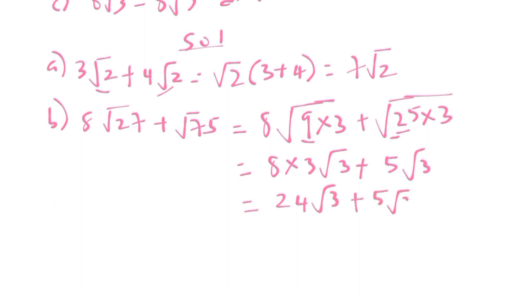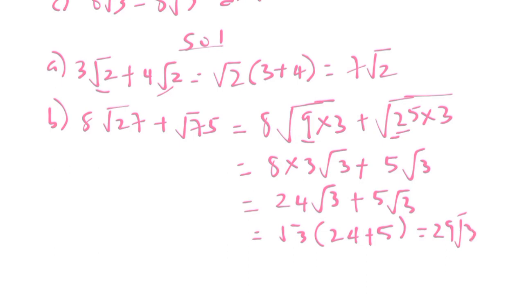So here's what I will do. I'll factor out root 3, then I will add 24 plus 5. That will give us 29 root 3. That is it.